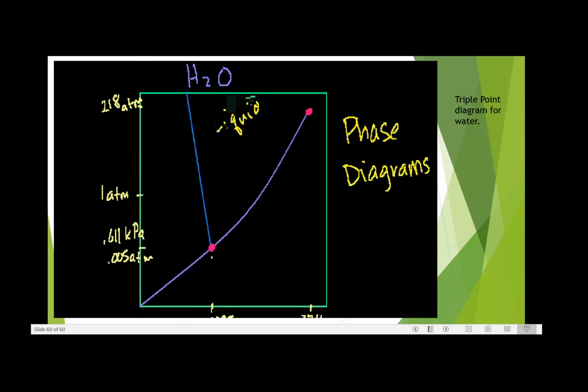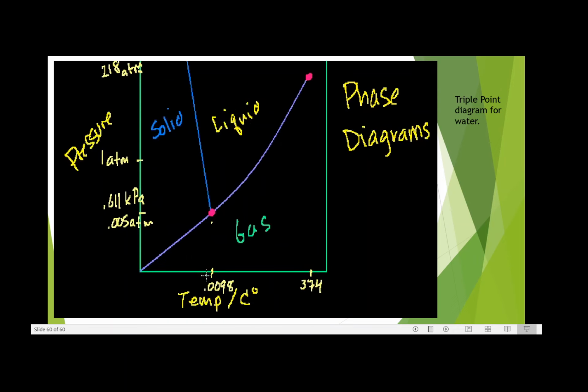For example, if I told you that I was at 0 degrees Celsius, which is right there, and 1 atmosphere, where am I? So 0 degrees, 1 atmosphere, I'm right at that point right there. So I'm at a boundary point between solids and liquids at 1 atmosphere of pressure, right?